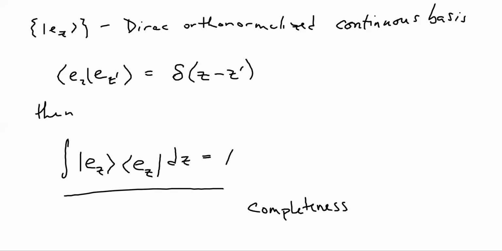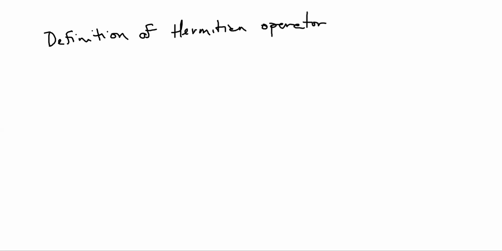So if we want to do that, we can write the definition of a Hermitian operator with this Dirac notation, where the Hermitian operator can move to either side of these brackets, and it's going to be the same thing.